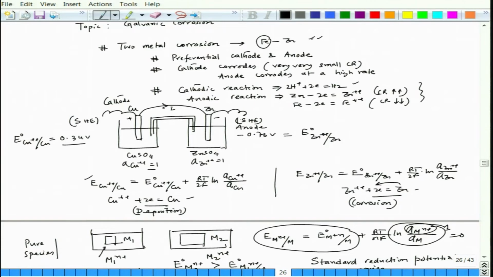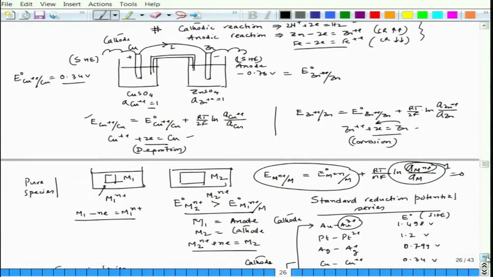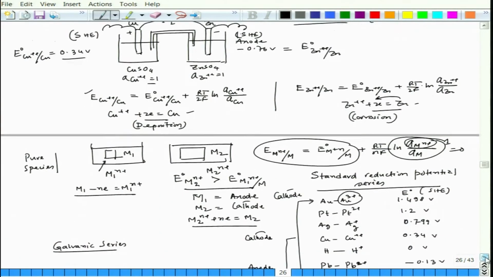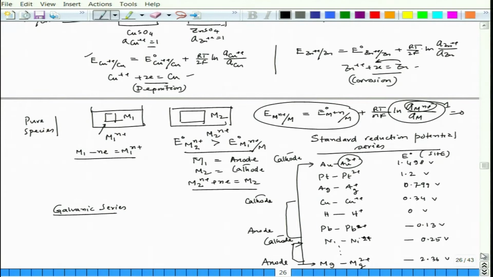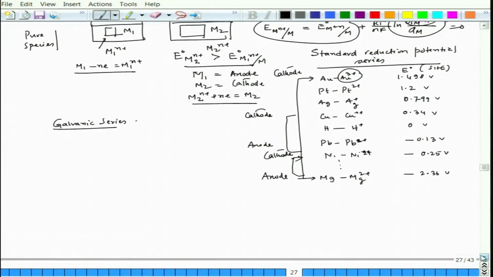Here it is not happening, rather that cathode is actually going through anodic reactions. So, that is what we need to have, a kind of comparative series which will not get bound by the values we have in the standard reduction potential series. And these series could be different for different electrolytes. Let us see how we find that series.